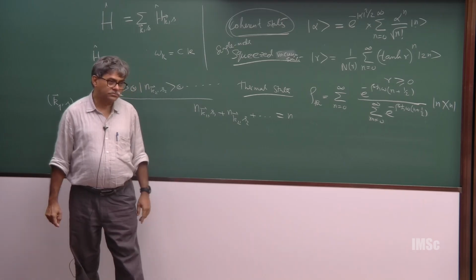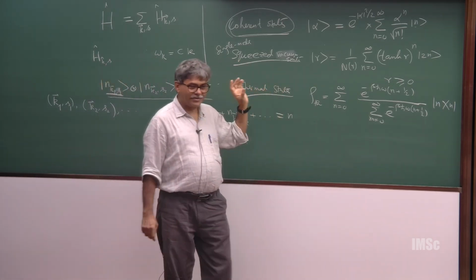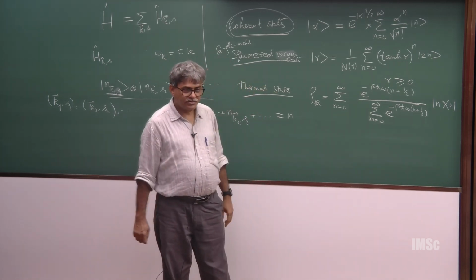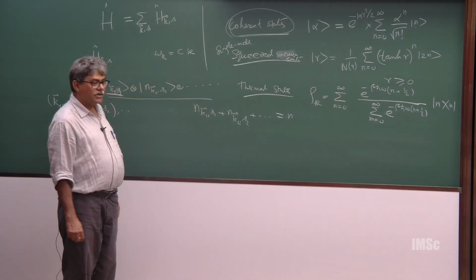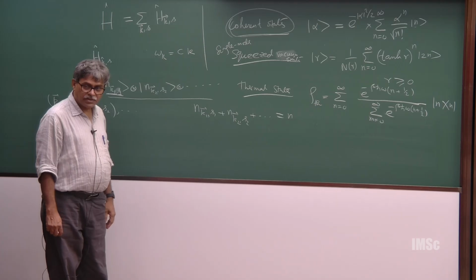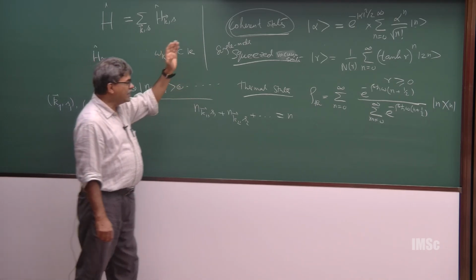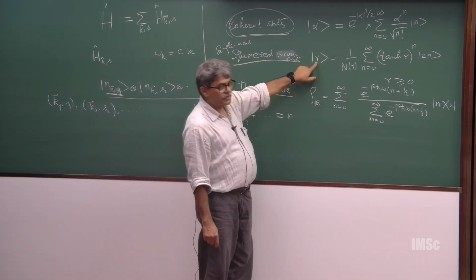And R is the parameter that measures how squeezed it is. R is not distance. I will come to this later. In fact, the squeezing parameter need not be real, it can be complex also.